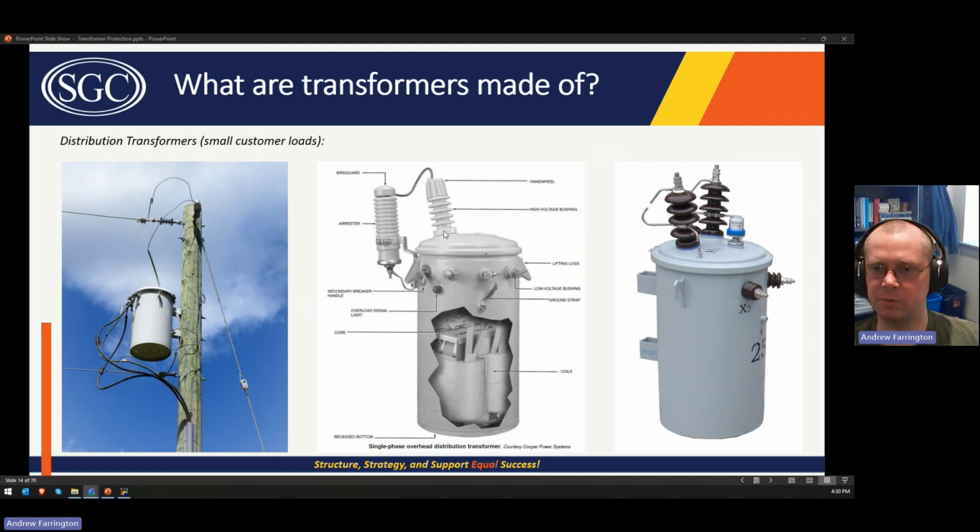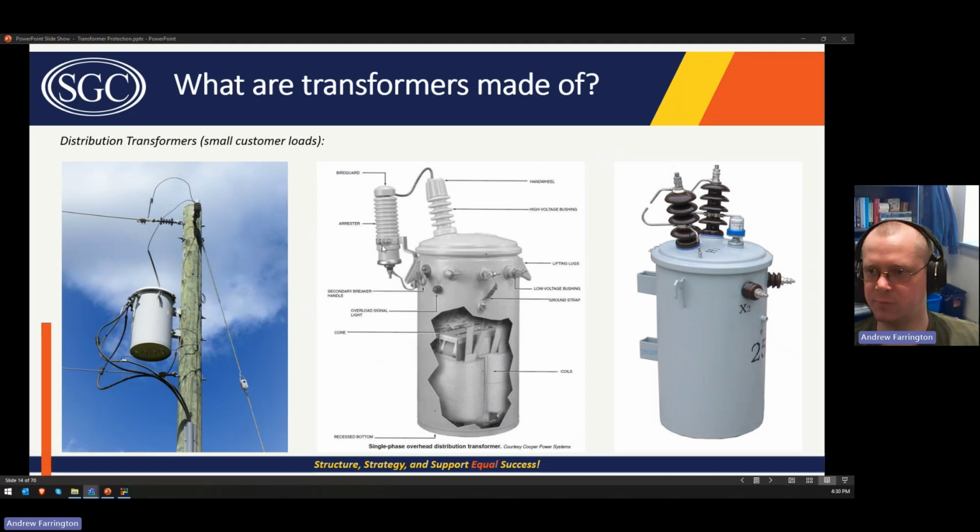And then at an even smaller scale, you've got distribution transformers, which serve small customer loads. This is what you'll see on the pole outside of your house that's feeding your house or your parents' house or whatever. They'll tap down and they'll go to the high voltage bushing.